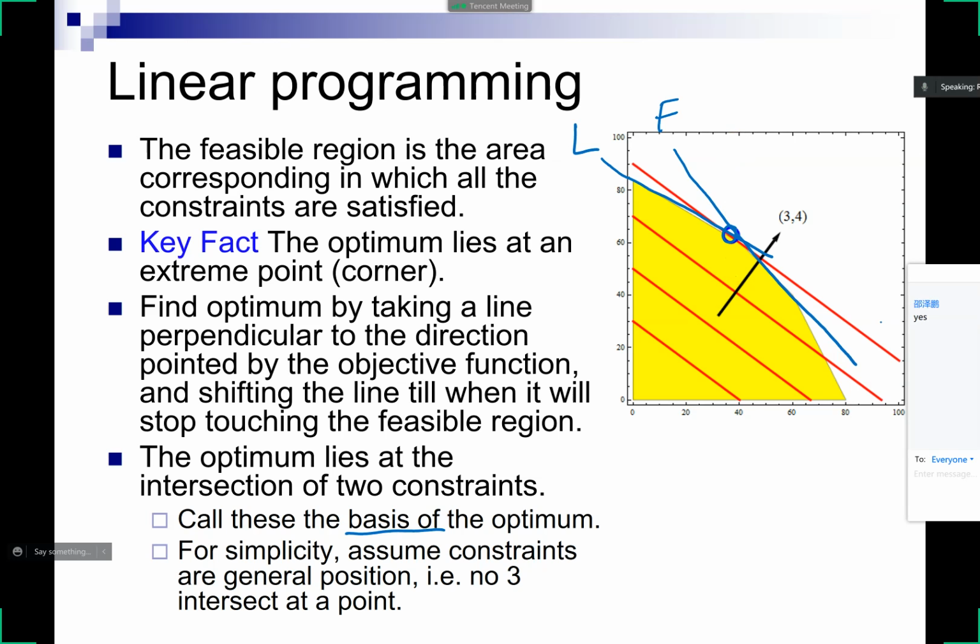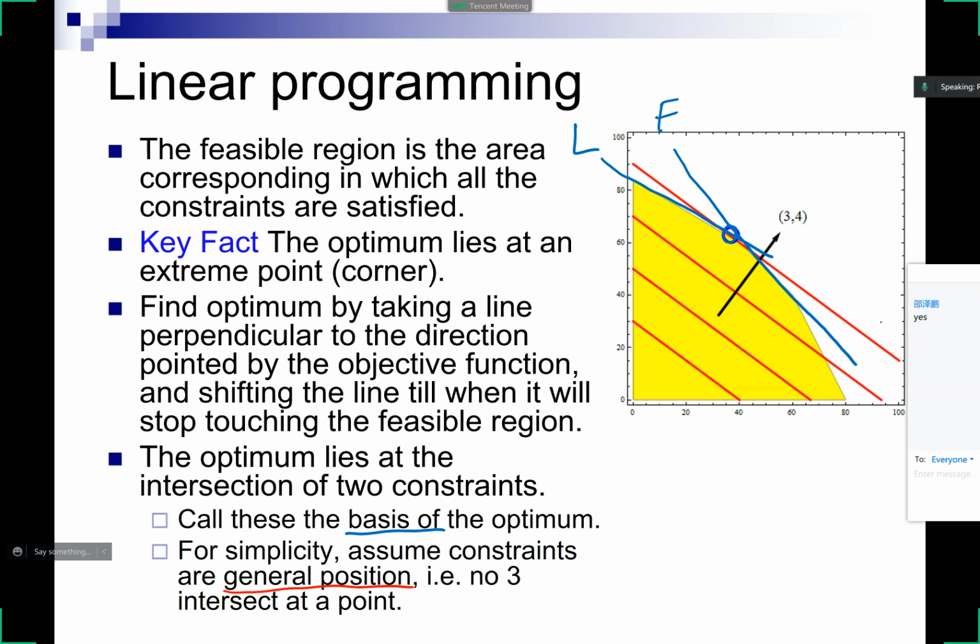So for the LPs that we're going to deal with, we assume we don't have this special corner case where three or more constraints intersect at a point. We're always going to assume only two constraints intersect at any point. This is called a general position assumption.